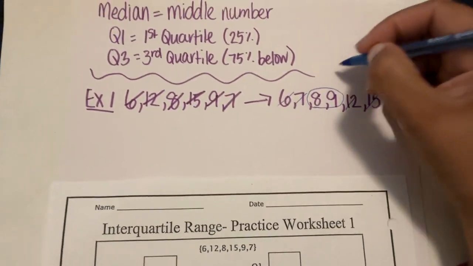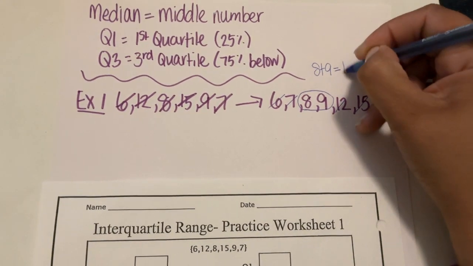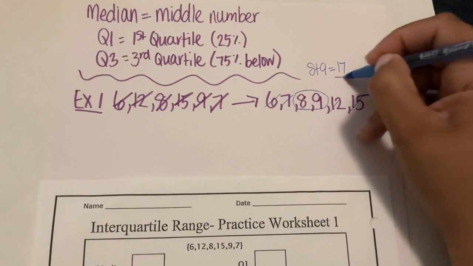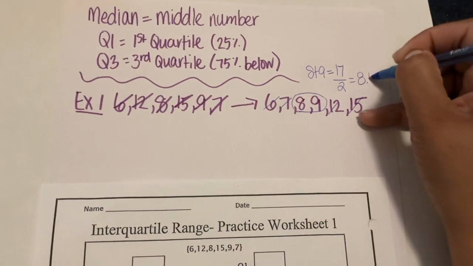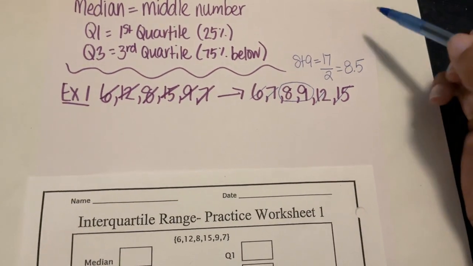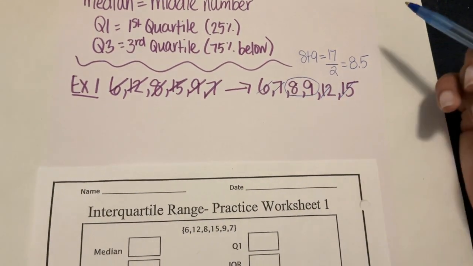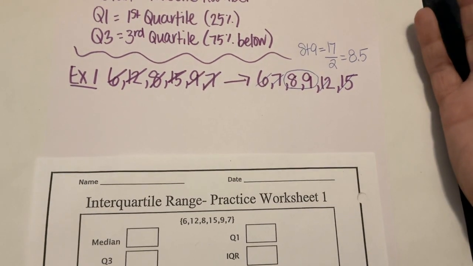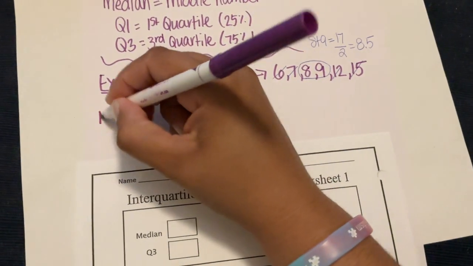So 8 plus 9 is equal to 17, and 17 divided by 2 gives you 8.5. You can test that: 8.5 is between 8 and 9 numerically. So your median is 8.5.